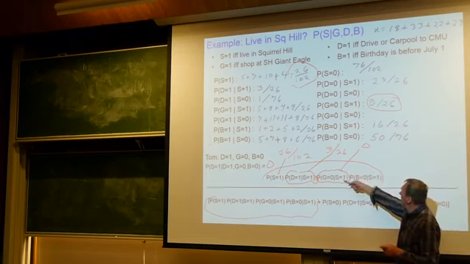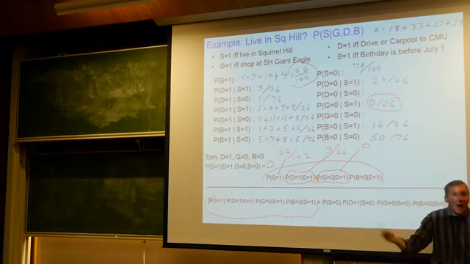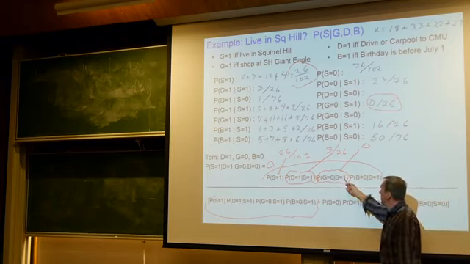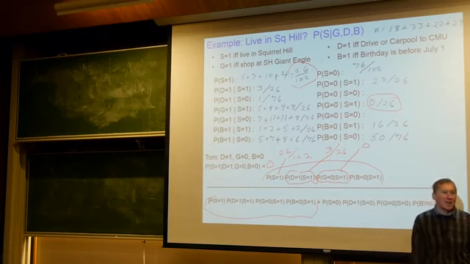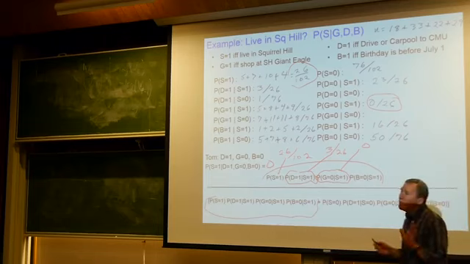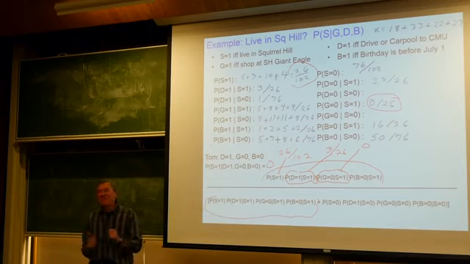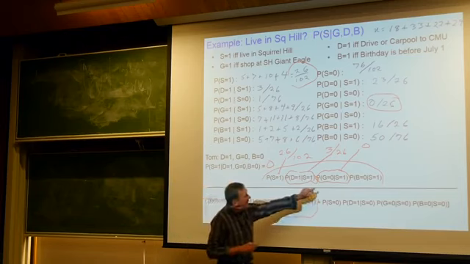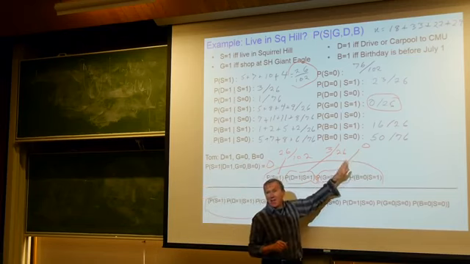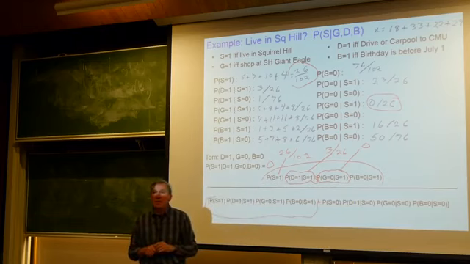Right? This MLE, the maximum likelihood estimate that we got for this, essentially concluded that it's impossible that somebody who lived in Squirrel Hill would not shop in Giant Eagle. That just happened to be true of the sample of data, but I'm sure if we were to interview everybody who lives in Squirrel Hill, we'd find somebody who doesn't shop there. And having a 0 is a particularly bad value because it just completely dominates the conclusion.